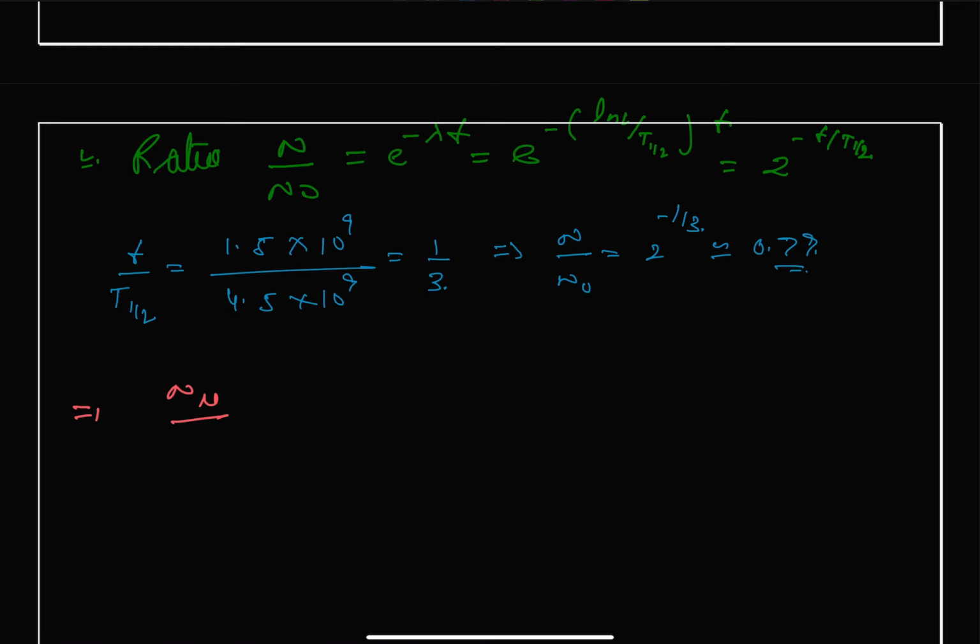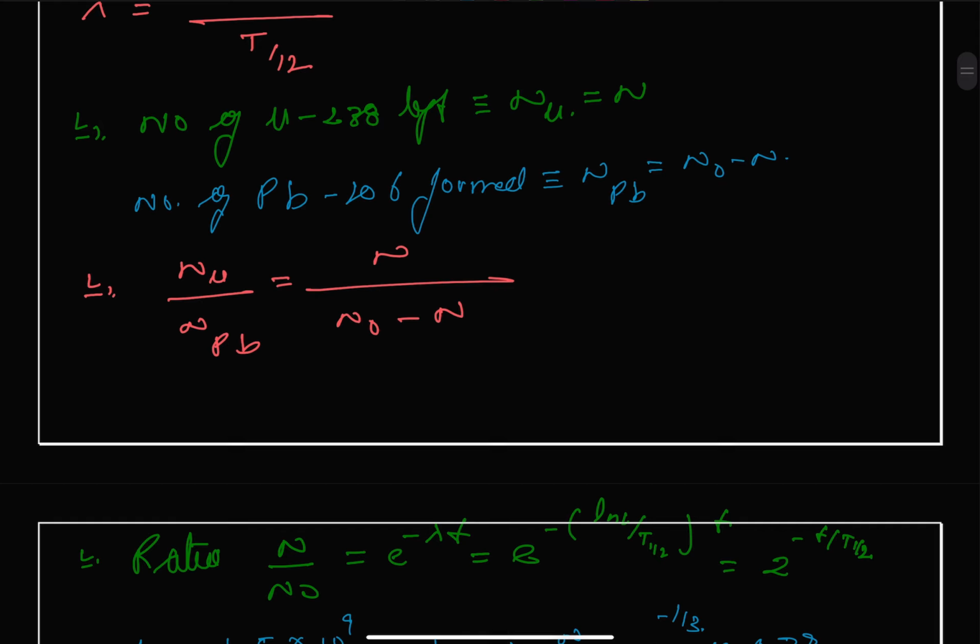So we can further write the ratio of Nu upon Npb as 1 upon N naught upon N minus 1. Or we can just reverse it, which is much more convenient.